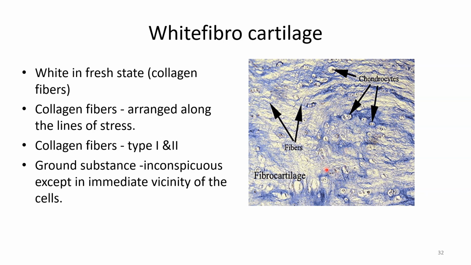The collagen fibers are of type 1 and type 2 in this cartilage. The ground substance, if you observe, is inconspicuous except in the immediate vicinity of the cells. So you can see the chondrocytes which are singly placed, and you are seeing the collagen fibers.